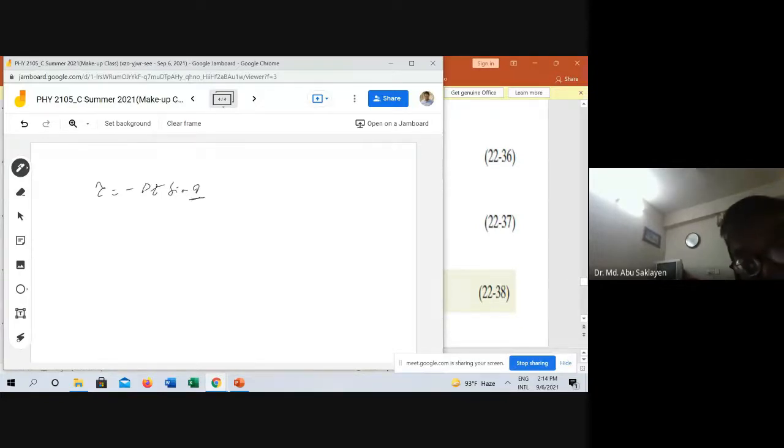So you want from 90 degree, this is 90 degree with the axis, you want to go to angle theta, right? What will be the work done from 90 degree to this position?